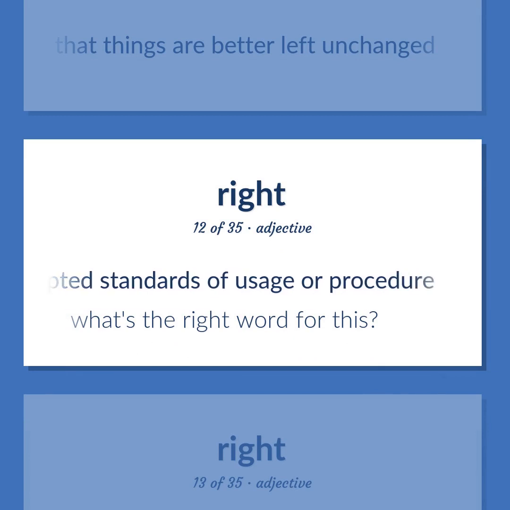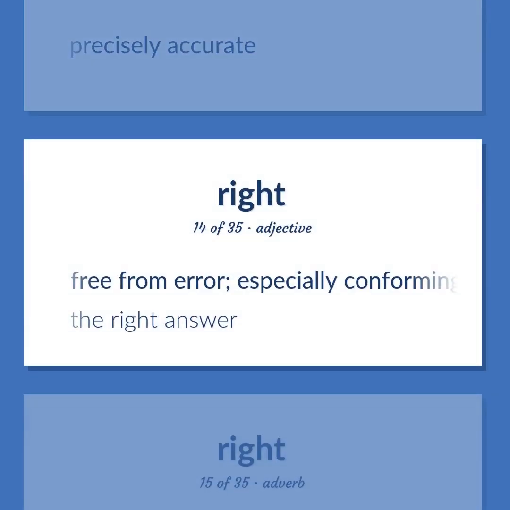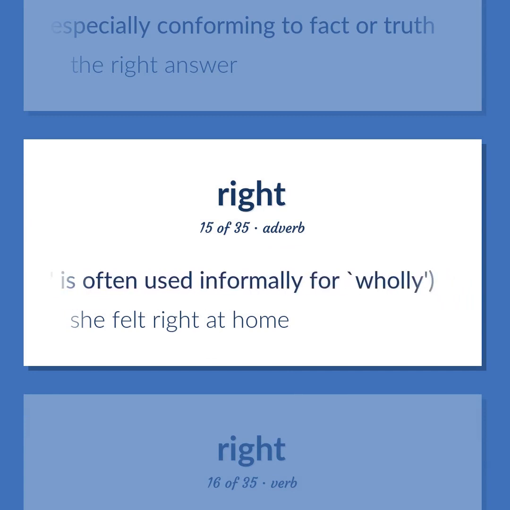What's the right word for this? Precisely accurate. Free from error, especially conforming to fact or truth. The right answer. To a complete degree or to the full or entire extent, whole, is often used informally for wholly. She felt right at home.